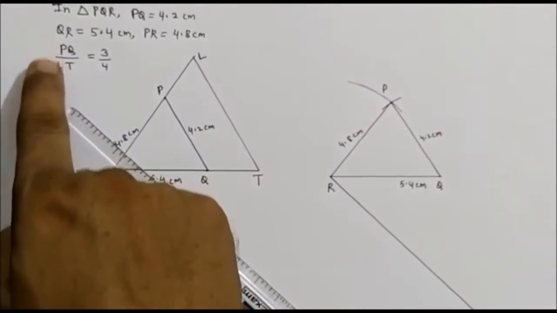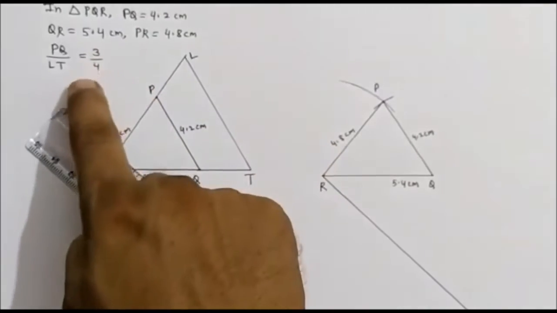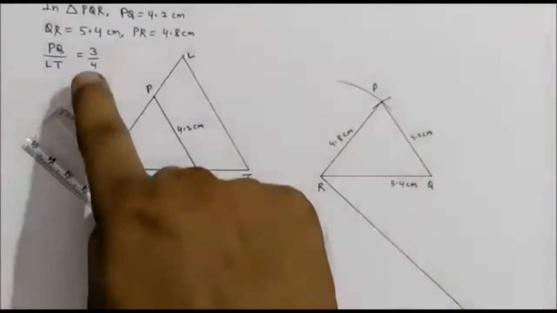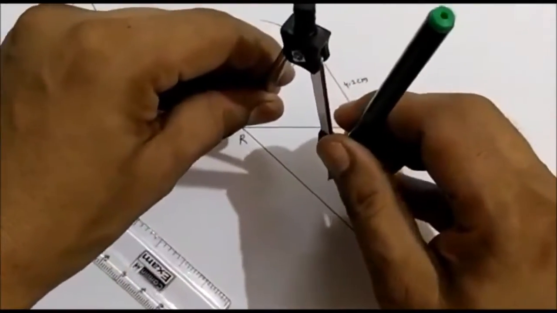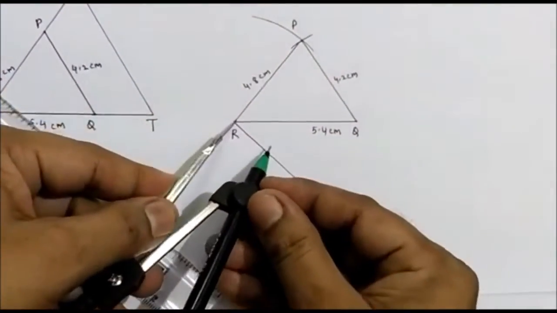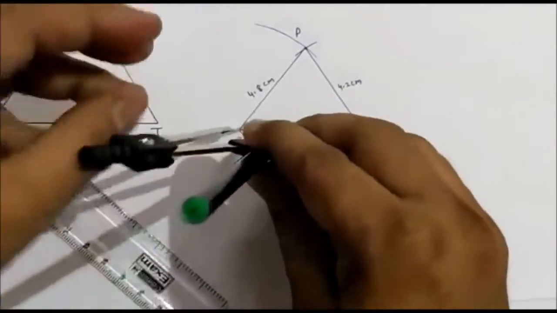Now see, the ratio PQ upon LT is 3 upon 4. The ratio is 3:4 and 4 is bigger, so we'll take 4. So you're going to cut arcs here, dividing it into 4 equal parts. Take a suitable distance, maybe 1 centimeter or maybe more than that.